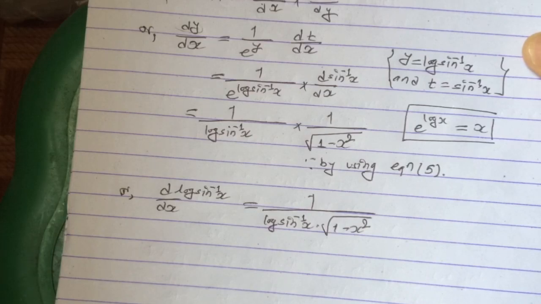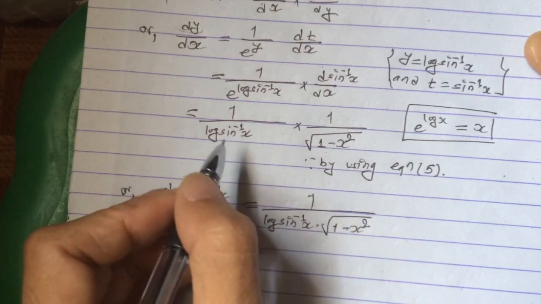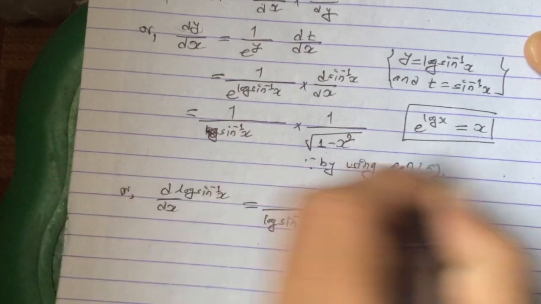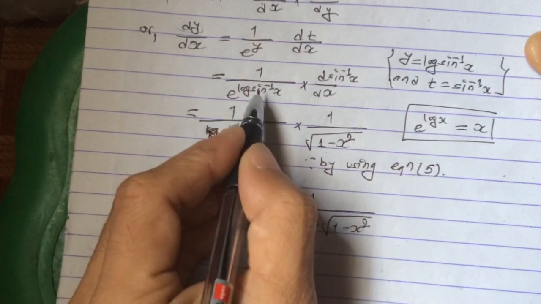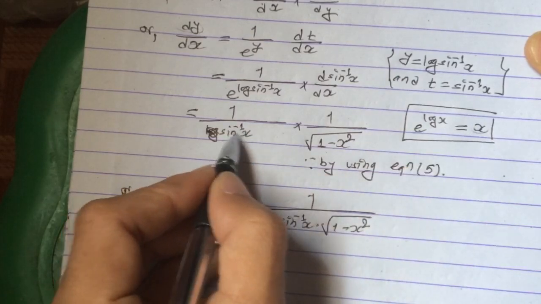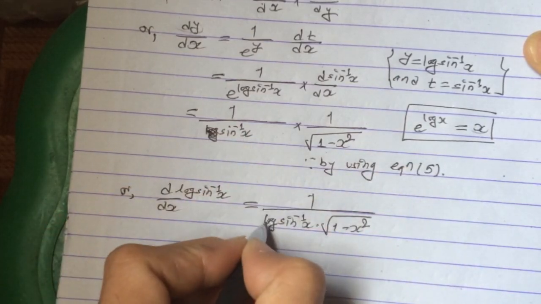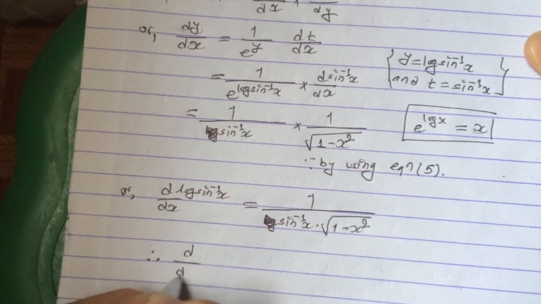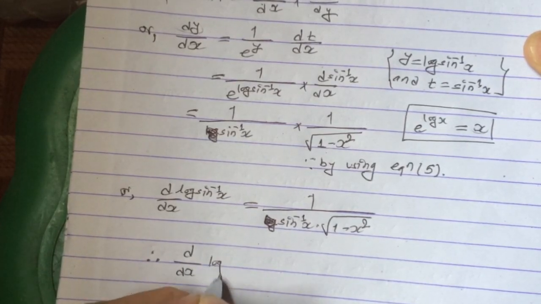Actually there is a mistake, one thing you have to correct. We have used here exponential log x is equal to x, and we wrote there log x as well, so please erase that log.